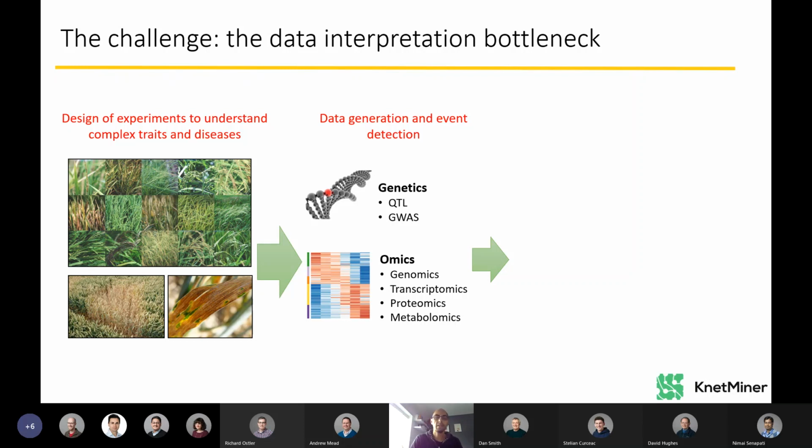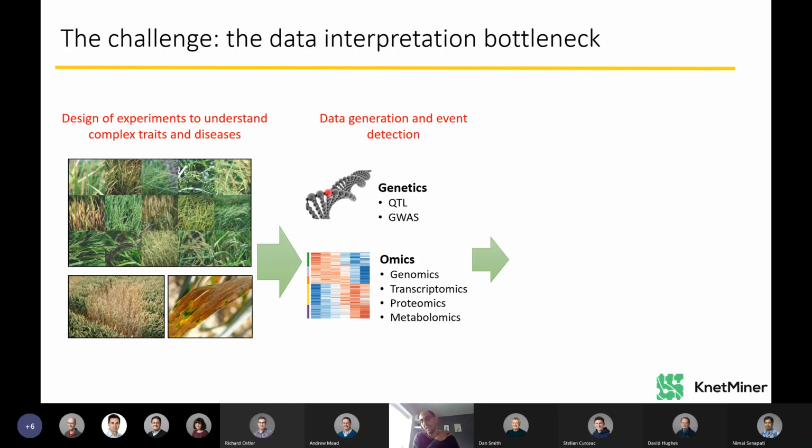So genetics and omics studies really help us to narrow down from the variety of genes that we've got in a genome to a much smaller search space to say, this is likely to be candidates behind a certain complex trait. This step, I call it data generation and event detection, which we have now more or less mastered.